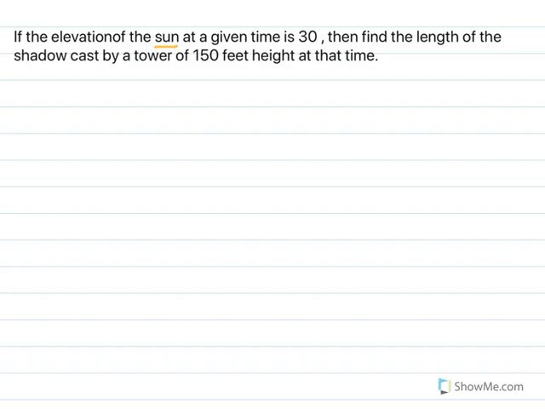The angle of elevation of the sun at a given time is 30 degrees. Then find the length of the shadow cast by the tower 150 meter height at that time. So here we have a tower, and this tower I will call AB, and it is 150 meter high.